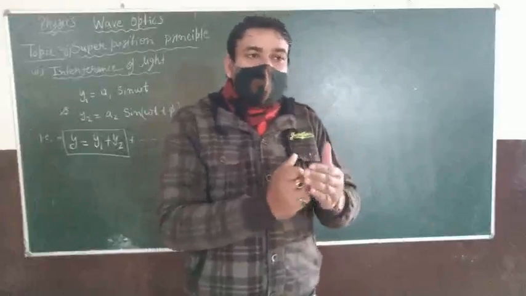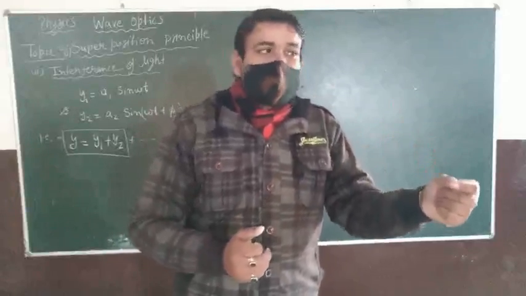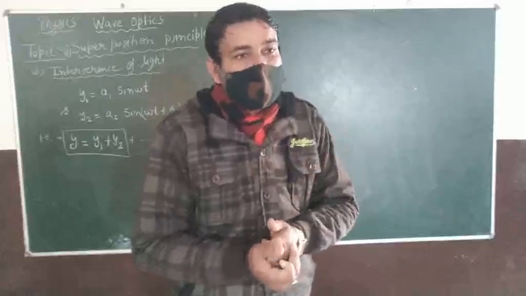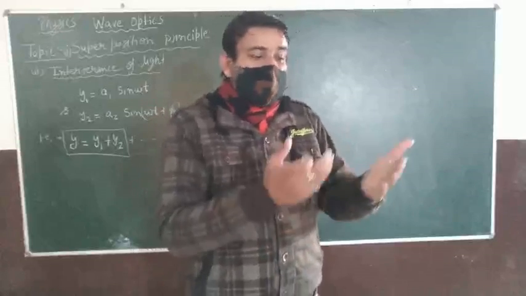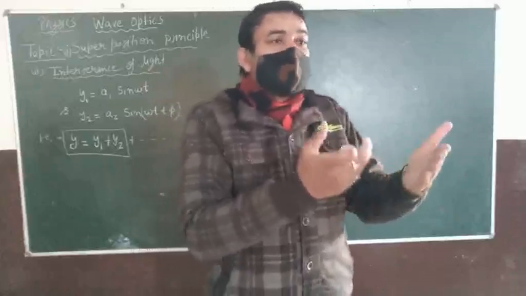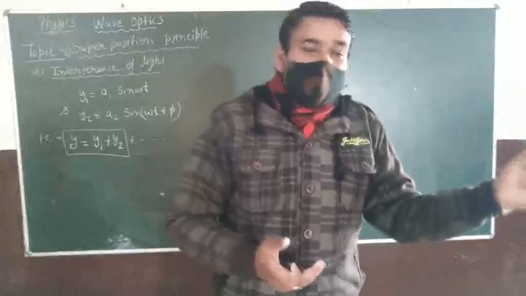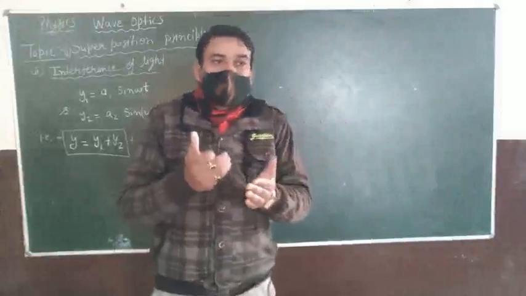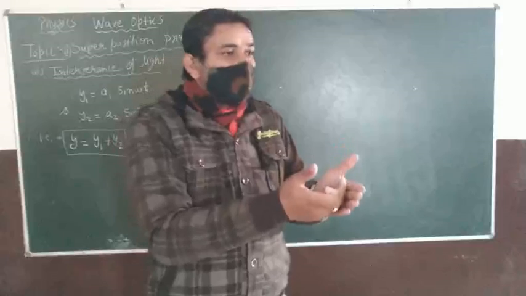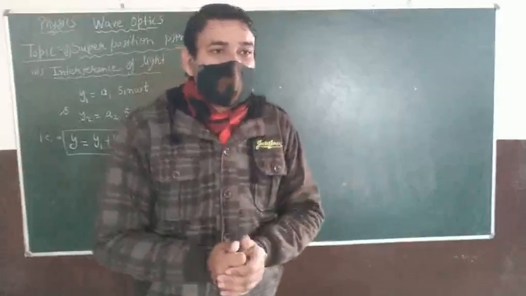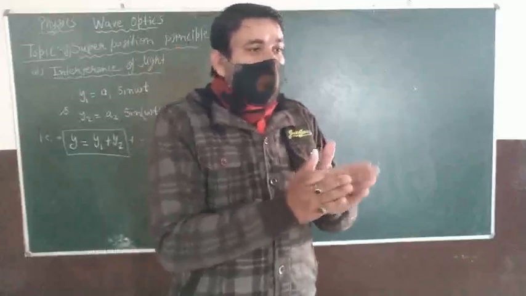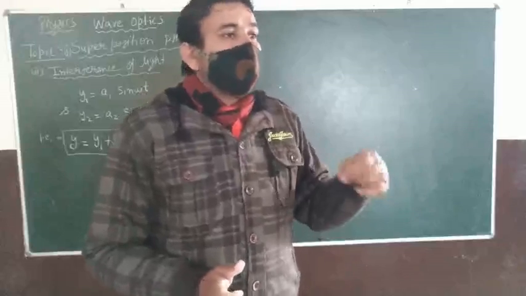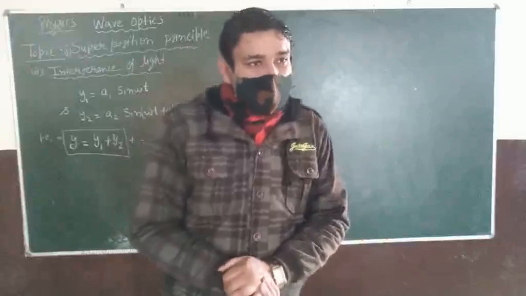These bright or dark points are known as redistribution of light. This is because at some places the electric vector has maximum intensity, and where dark points are formed, the intensity of the electric vector is minimum. This can be observed or represented by using two coherent sources.